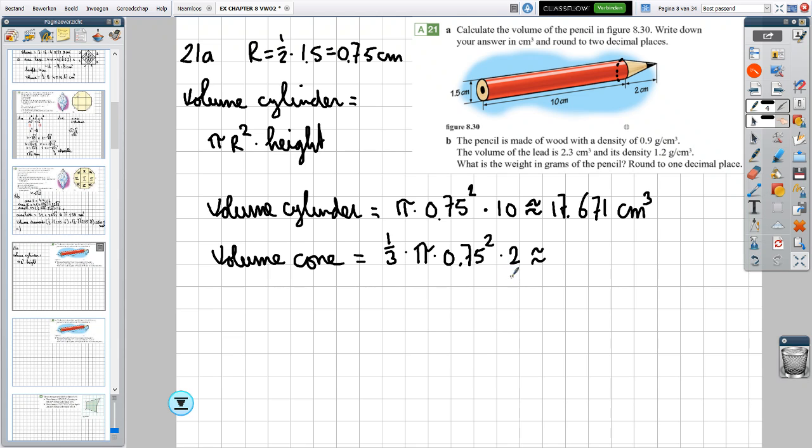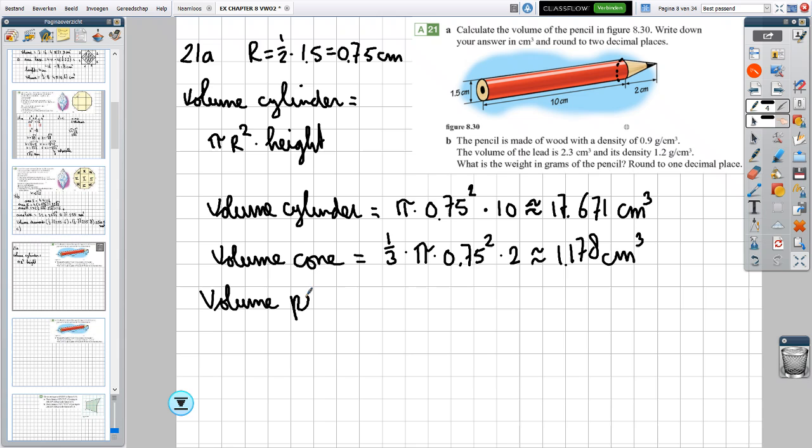So we're going to do 1/3 times pi times 0.75 squared times 2. That's a whole lot less, I can tell you. It's going to be 1.178 cubic centimeters.